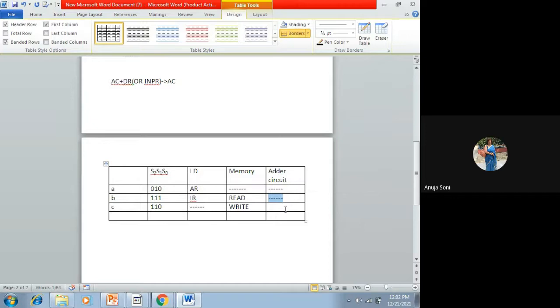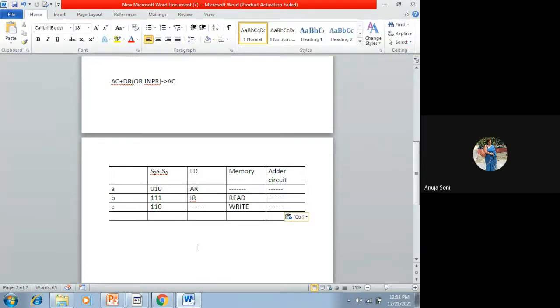Okay, if the statement would have been of this kind, let me change the statement. What was the statement at present regarding question number C? We were saying that data has to be read from TR and it will be transferred to memory. And if a comma would have been there and we would have written TR to DR also, what would have been the change?